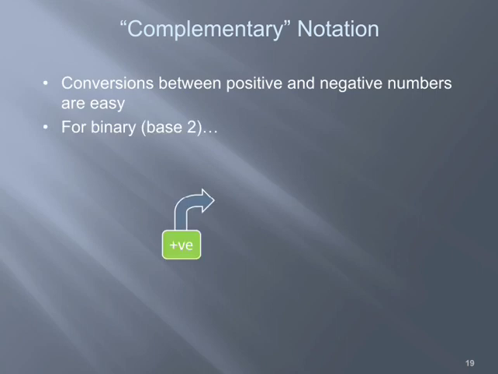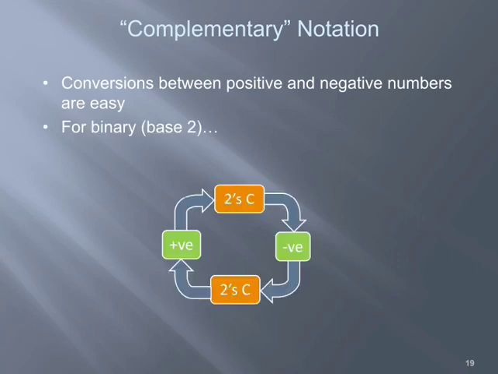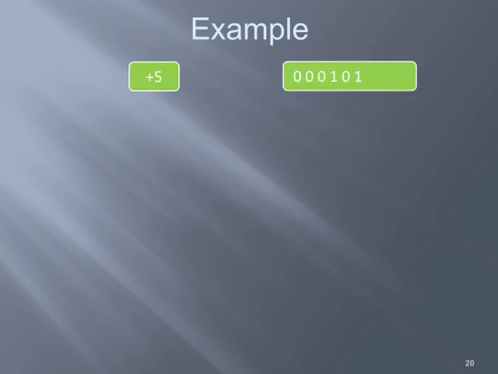In complementary notation, if you take a positive number and do 2's complement of that positive number, you will get the negative number of that. Similarly, if you take a negative number and do 2's complement of that, you again get the positive number. We will see with an example. For example, I am considering plus 5 as a binary number, and you are doing 2's complement to this.